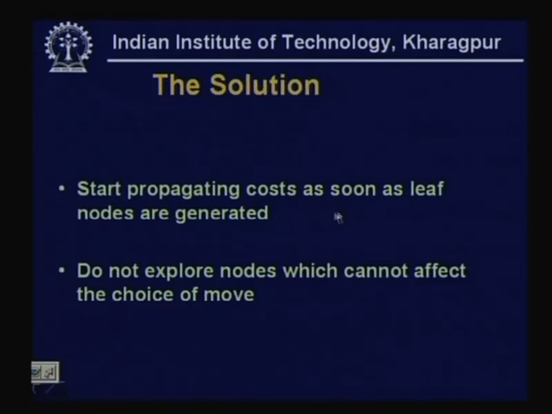So, what we do is that we start propagating the costs as soon as the leaf nodes are generated. We do not explore nodes which are guaranteed not to affect the choice of the move using minimax search. So, we want to prune the search tree so that we still get the same strategy as we would get by full minimax search, but we avoid expanding those nodes which do not have any effect on deciding the correct move for max.